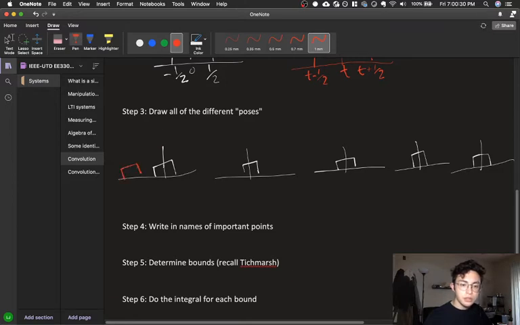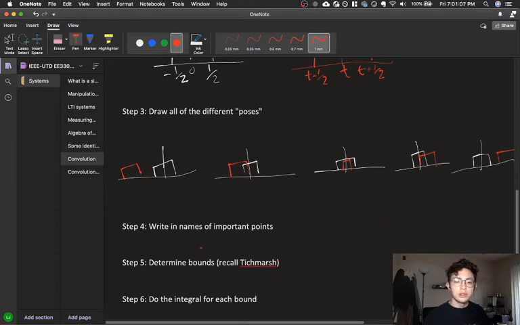There's 5 different configurations. We can have it all the way to the left, where it is not overlapping at all. And then it's overlapping just a little bit on the left. It's overlapping as much as it can in the middle, and then it overlaps slightly on the right, and then it overlaps not at all on the right again.